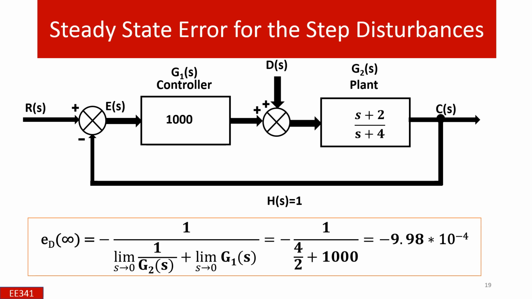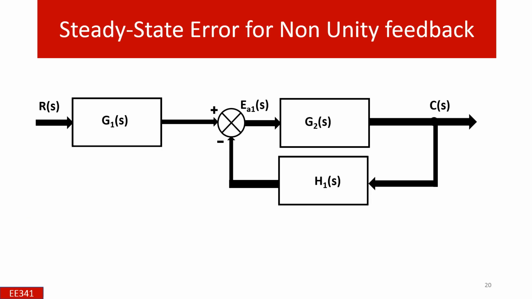So these relations also give some negative steady state error, and this negative steady state error means that after passing through the plant, this disturbance gives some higher value as compared to the disturbance or input value in this case. Next important topic is related to the non-unity feedback systems.